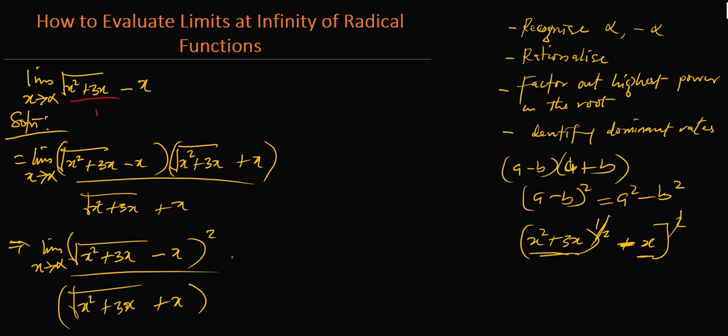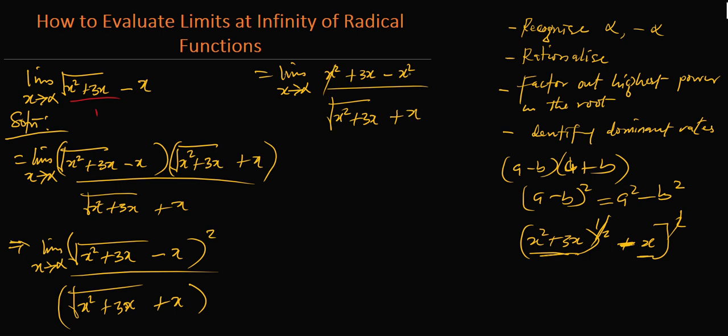So if we rewrite that, we are going to have the limit as x approaches infinity of x squared plus 3x minus x squared, all over root x squared plus 3x plus x.